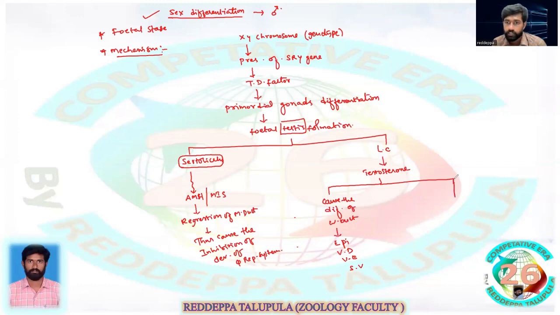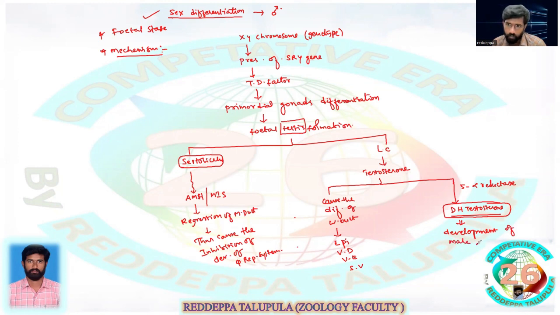On the other hand, in the testis, in the presence of 5-alpha reductase, testosterone is converted into dihydrotestosterone, which plays a major role in the development of male external genitalia.